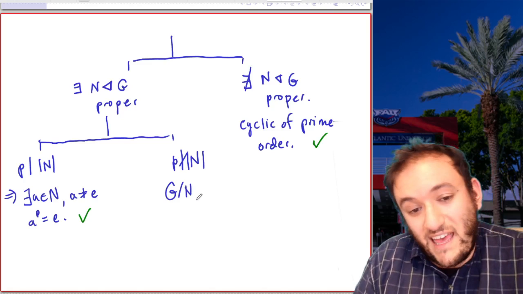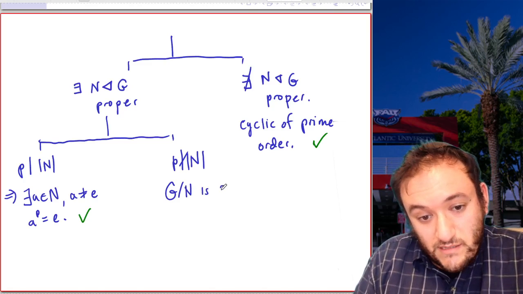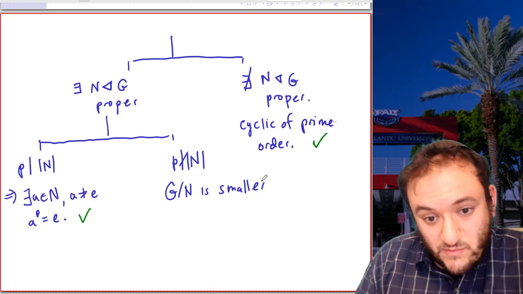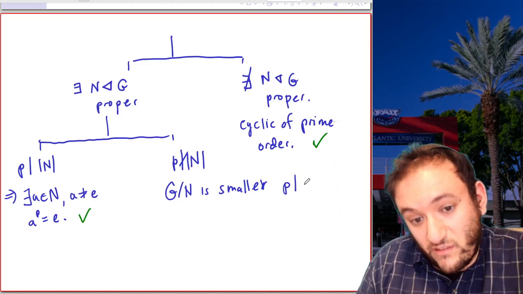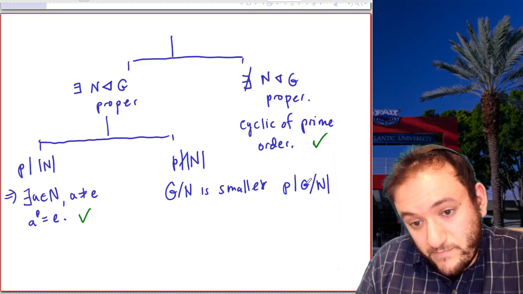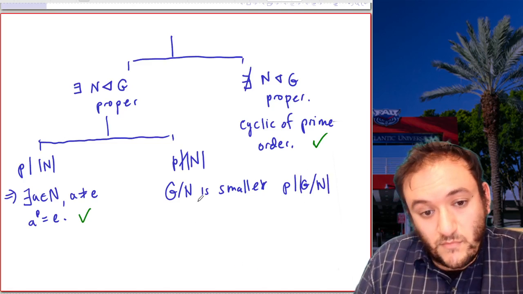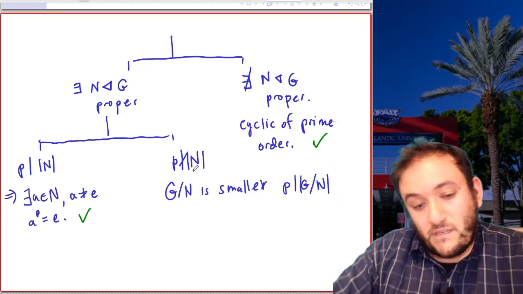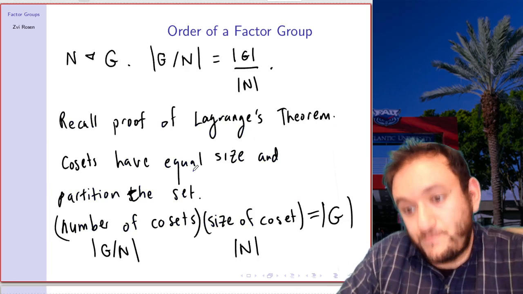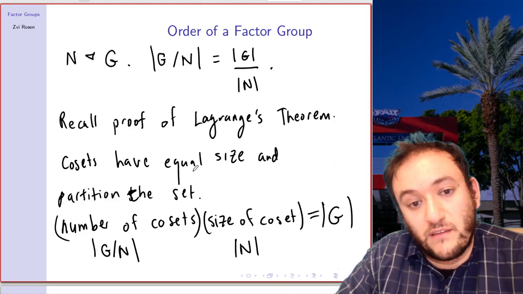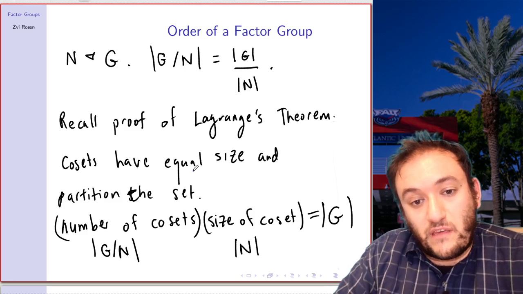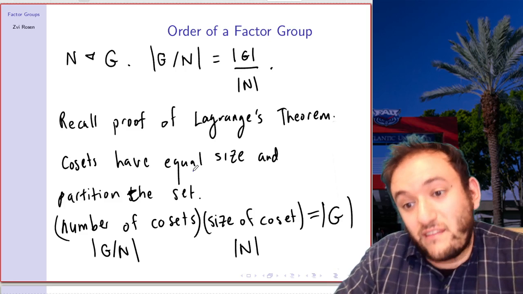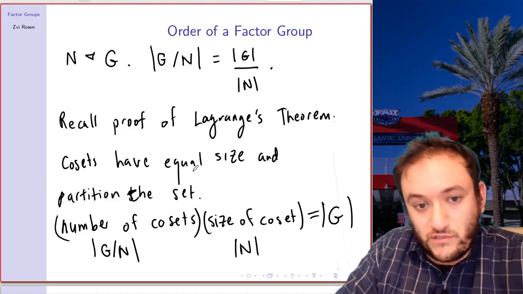G mod N is smaller, with P dividing the order of G mod N. The reason that's true is basically this: if P divides the order of G but does not divide the order of N, then when you divide out the order of N, you're still left with a factor of P.